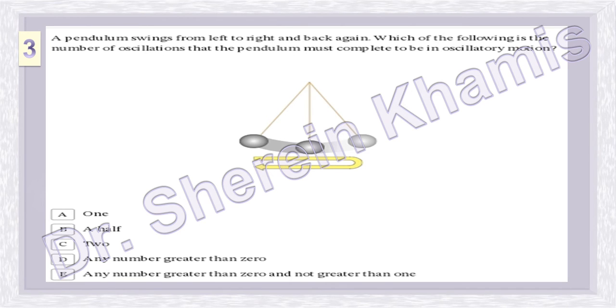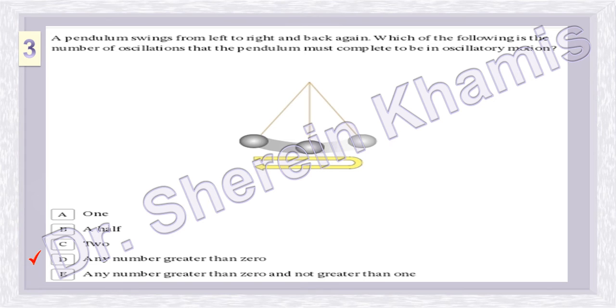So a point goes away and returns back, to the left and right, and also returns back to the equilibrium position. So the right answer will be any number greater than 0. We can't count or stop the movement made by the oscillatory body.